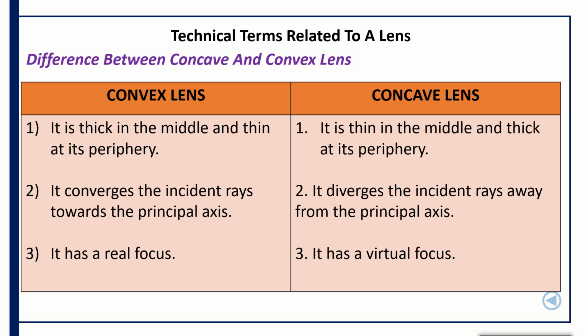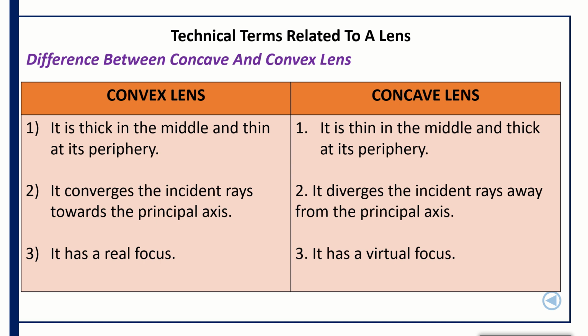In case of concave lens, we call it a diverging lens because it diverges the incident rays away from the principal axis. Whenever light falls on the concave lens, it makes that light ray fall away from the principal axis. That is why it is called a diverging lens.